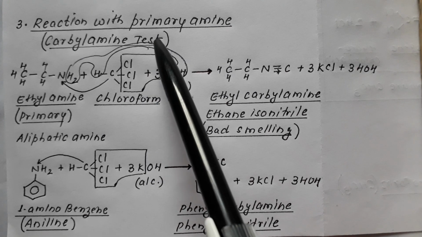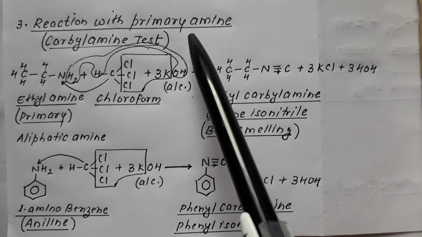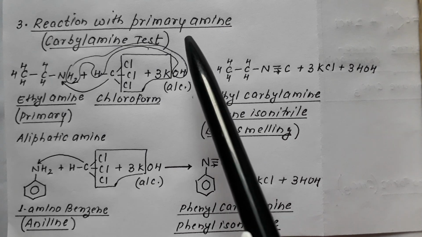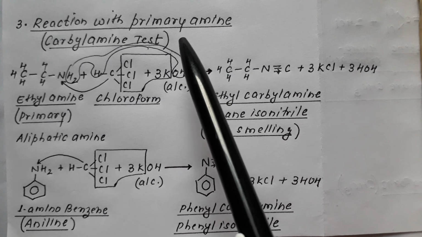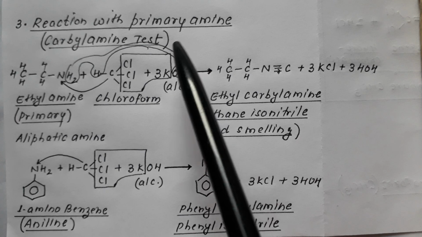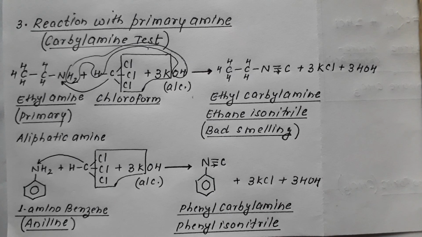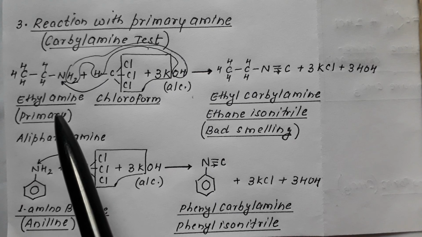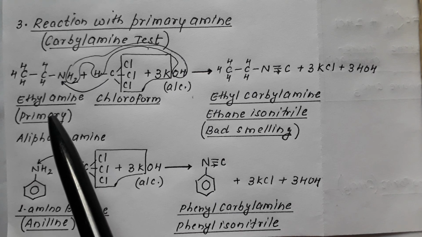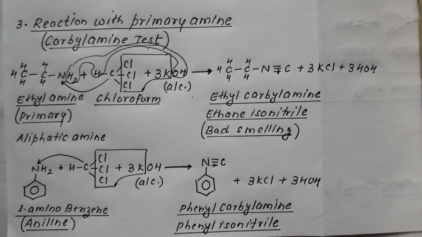So remember, any primary amine, may it be aliphatic or aromatic, an open chain amine or a closed chain amine, but it should be a primary amine. What is a primary amine? Primary amines are those amines in which nitrogen is attached to only one carbon atom.